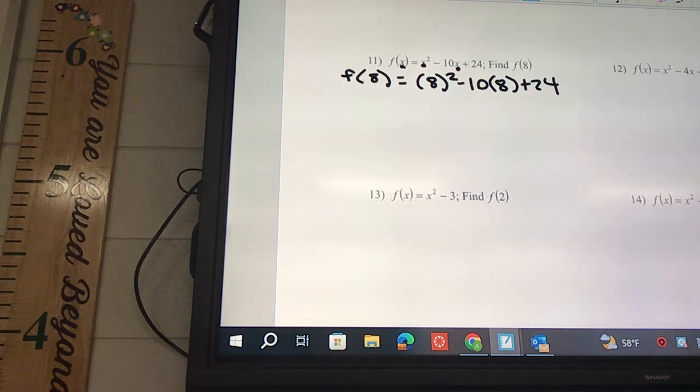You're going to push that in order to get the squared. Then we're going to say minus 10, parenthesis, 8, close your parenthesis, plus 24. All of you should be typing so that way I know you know how to do it. And what did you get for an answer?